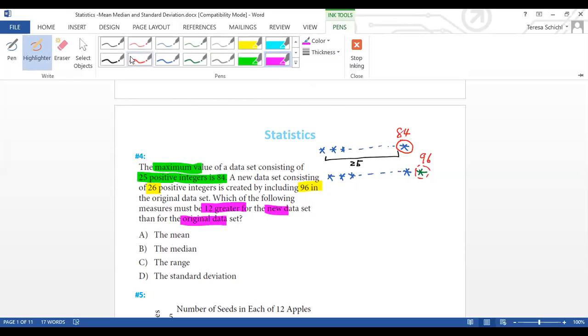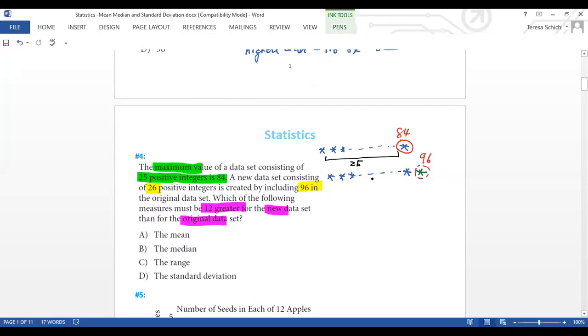No. Why is it not the mean? The mean is the average. The original has 25 values, and now you have 26 in total. You added 96, but that is the 96 plus whatever was there previously, spread over 26 values. It's not 12 more, so it's not the mean.